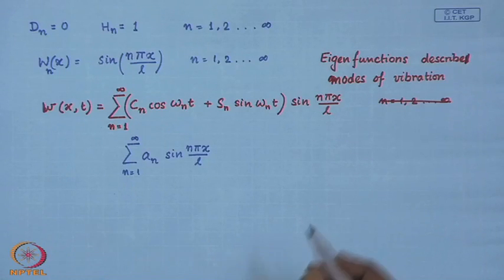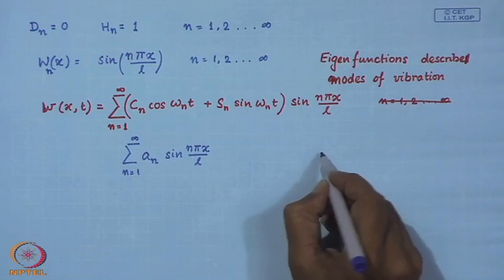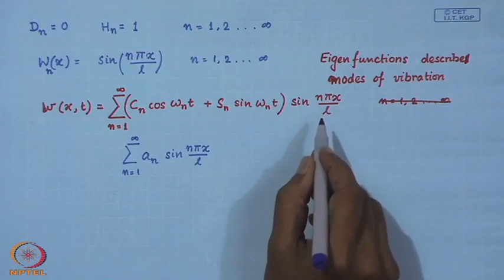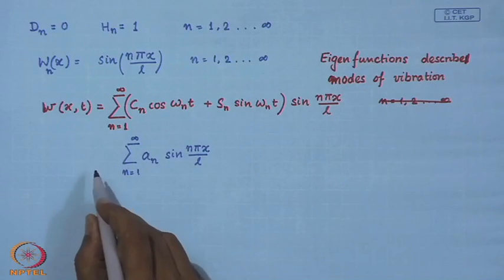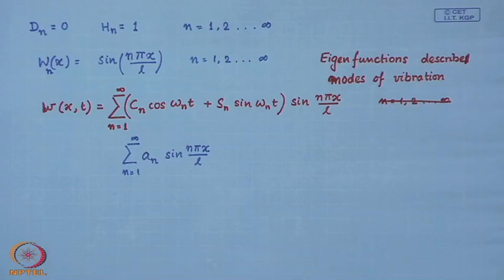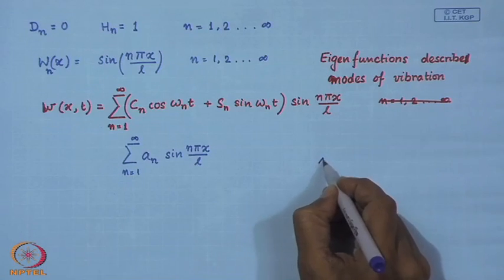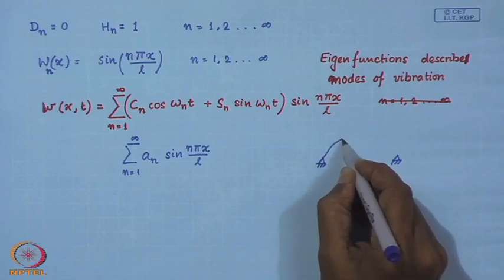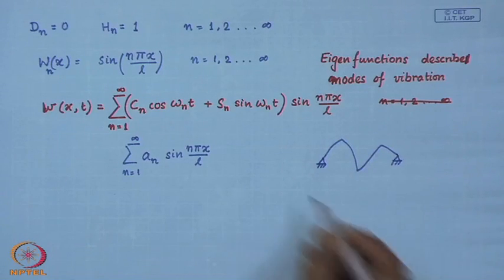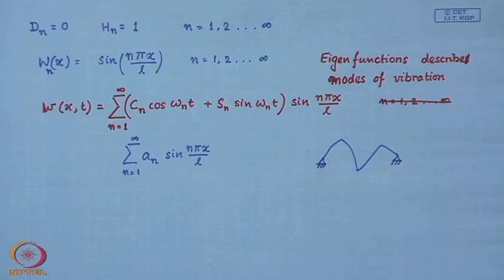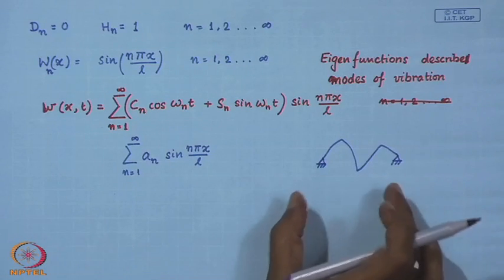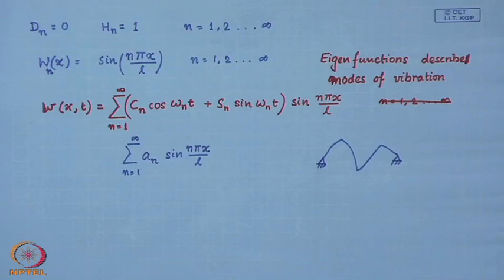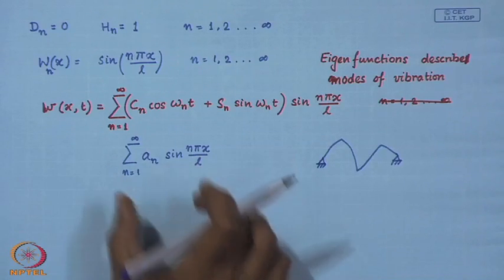Which means that any shape of the string, since we know from Fourier series theory that any shape between two supports, if I have this shape, by continuation I can construct the Fourier or represent this as a Fourier sine series like this.